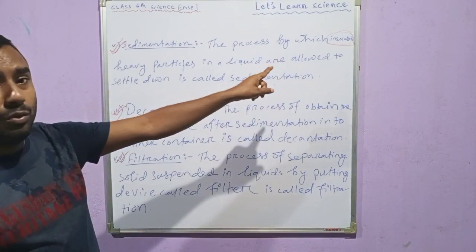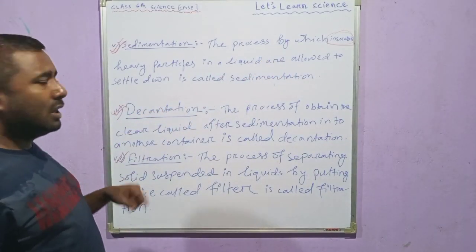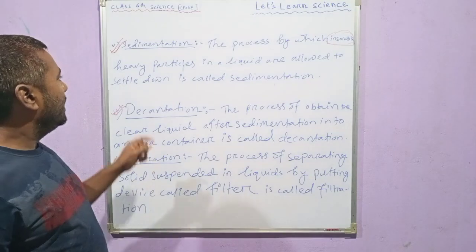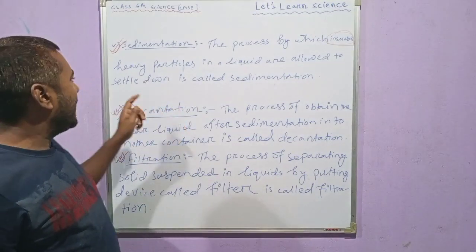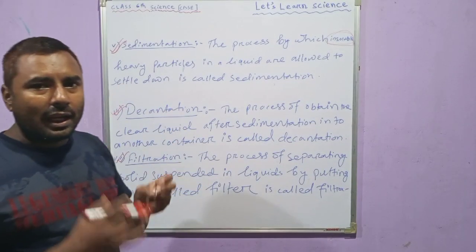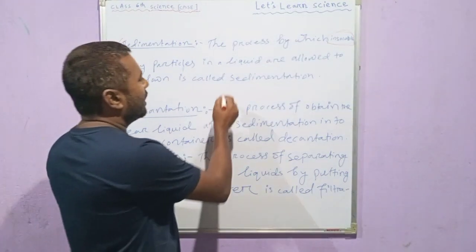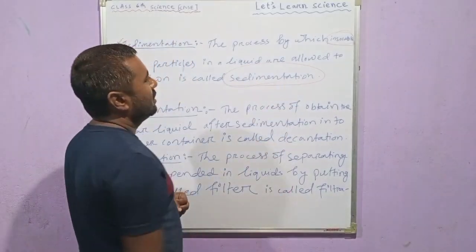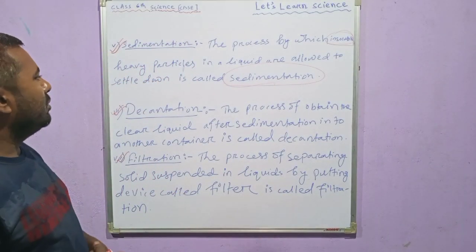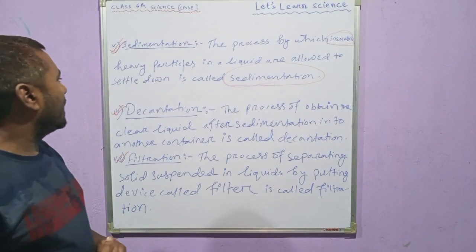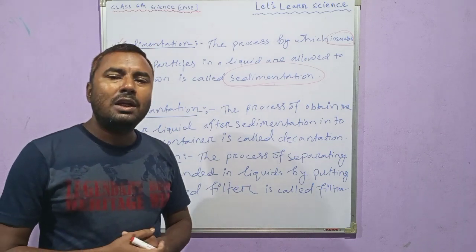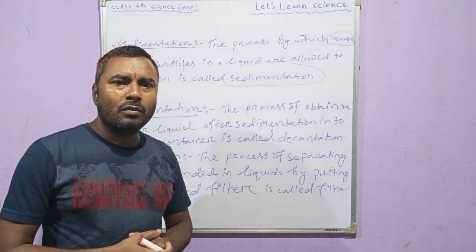Insoluble means they do not dissolve in water or liquid. Heavy particles in a liquid are allowed to settle down, and that particular process we call sedimentation. The process by which insoluble heavy particles in a liquid are allowed to settle down is called sedimentation.